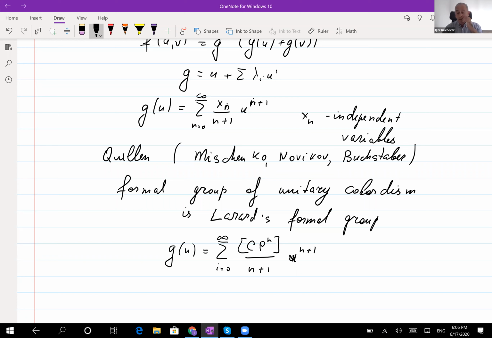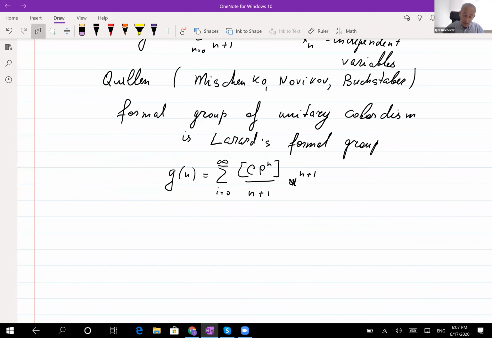I will define in a minute the unitary cobordism, but let's first look at what universality of the formal group of unitary cobordism means. It means the following: you start with any cohomology theory for which there exists a first Chern class, for which you can assign a formal group law of this theory.